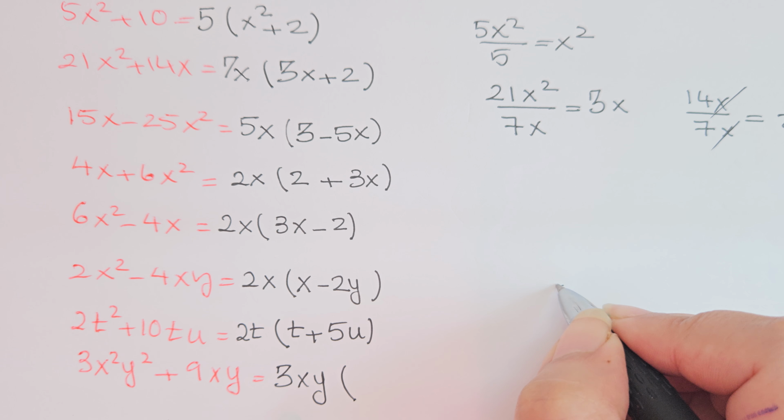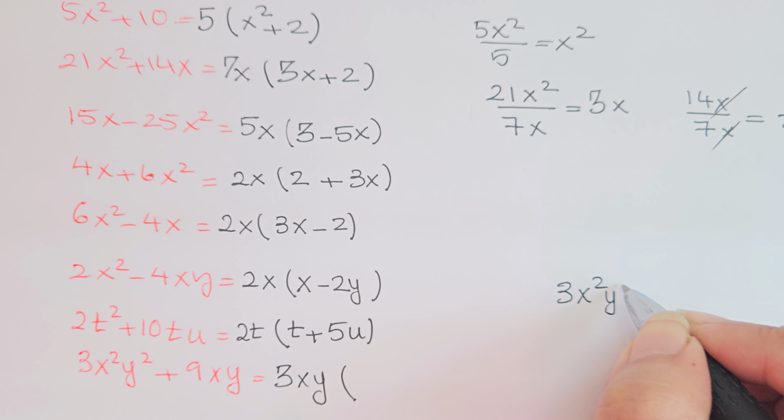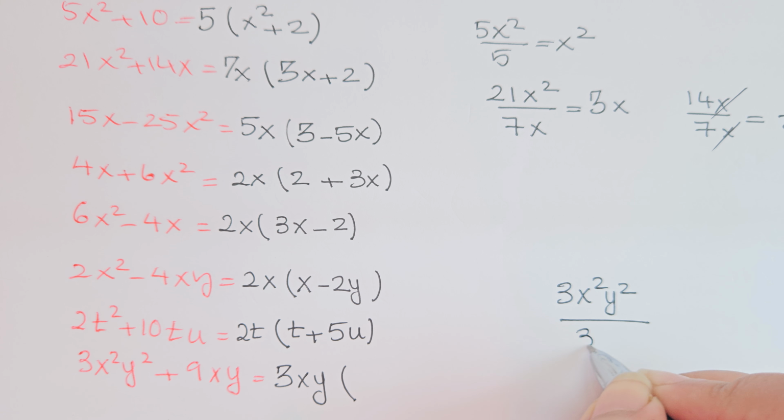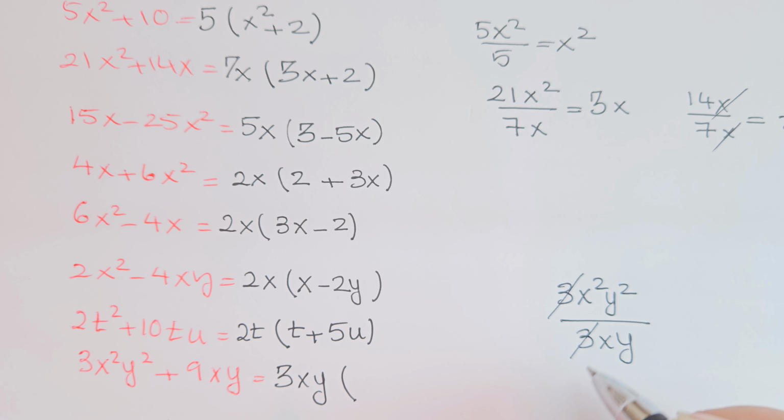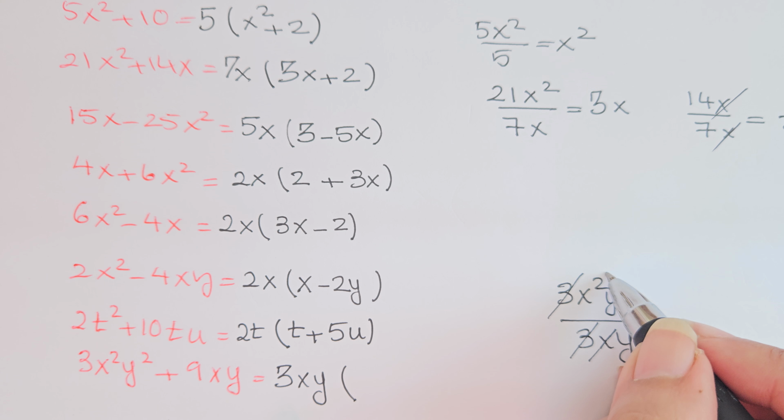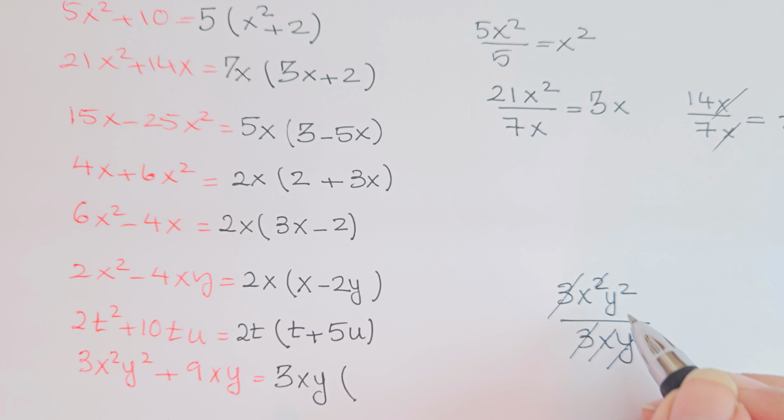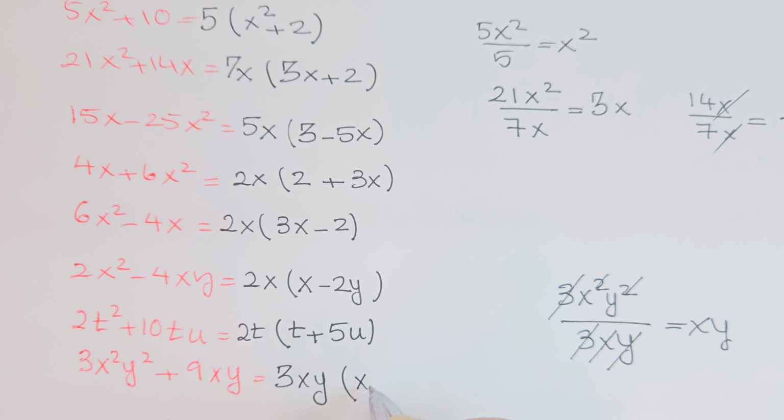Let's see what happens if I pull out the common term, which is 3xy. Okay, so 3 and 3 will cancel out. 1x will be cancelled out with this. One of the y will be cancelled out with this. So what is left? xy.